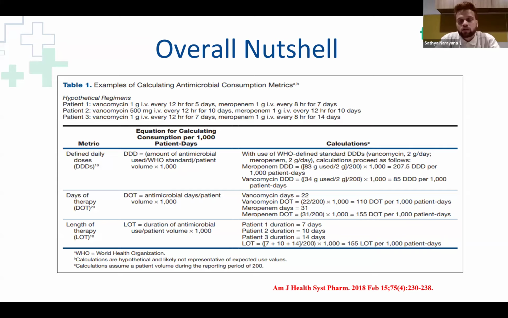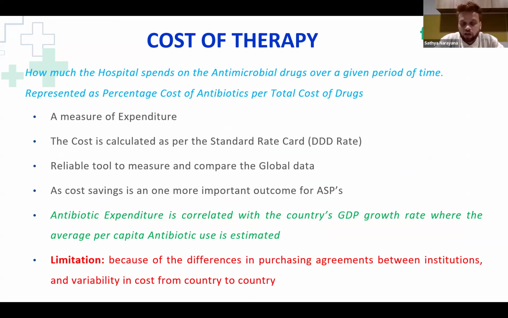Another thing is cost, because basically the hospital or the hospital management would be spending lots of money for purchasing these antimicrobials. So this is also one of the important aspects we need to measure. The cost is calculated in a standard rate card.